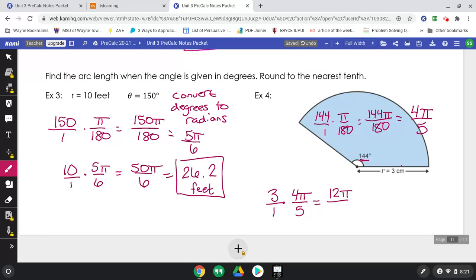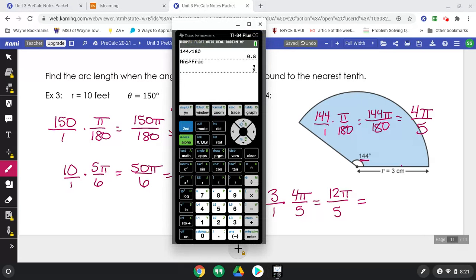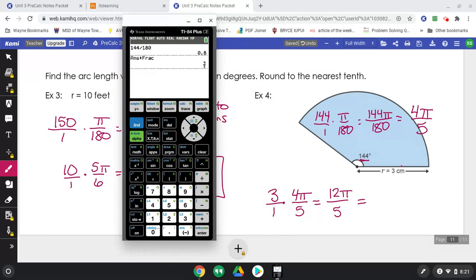Multiply across the top, multiply across the bottom, and then you type the pi into the calculator. 12 pi, so second or shift, exponent button, pi, divided by 5. Rounded to the nearest 10th place. That would be 7.5, and we're talking about centimeters here, so we'll label that at the end.